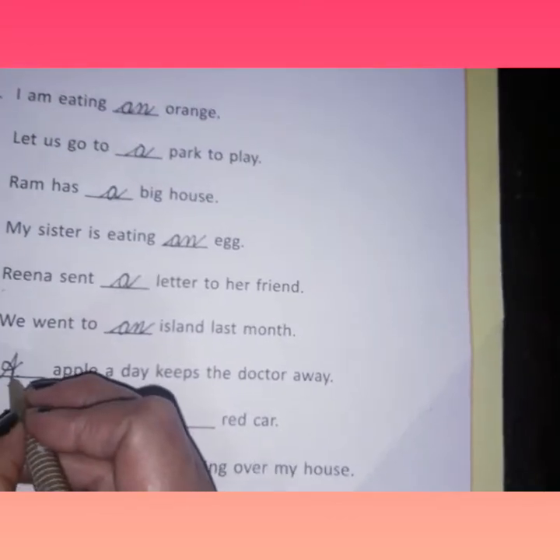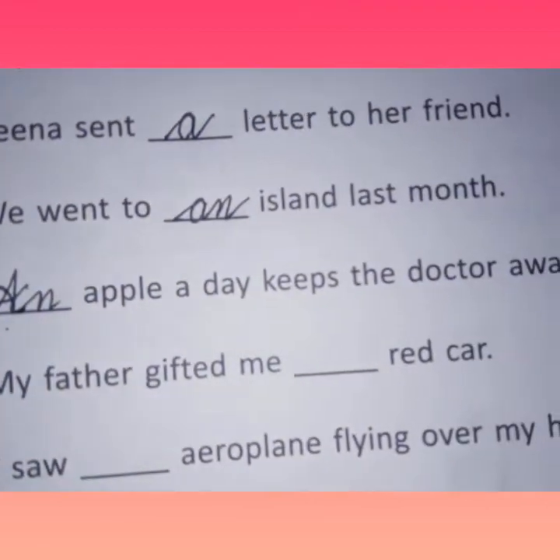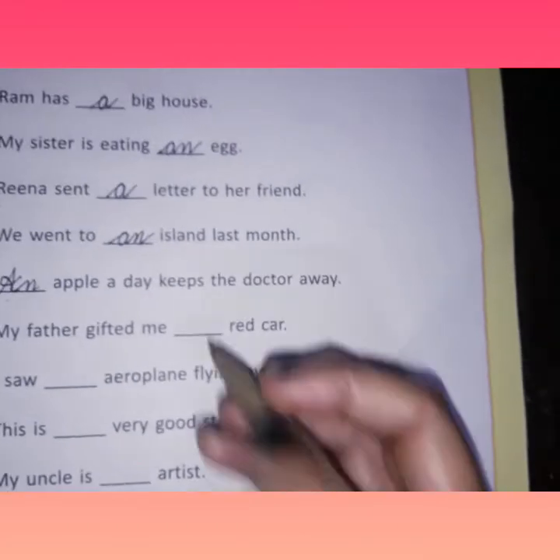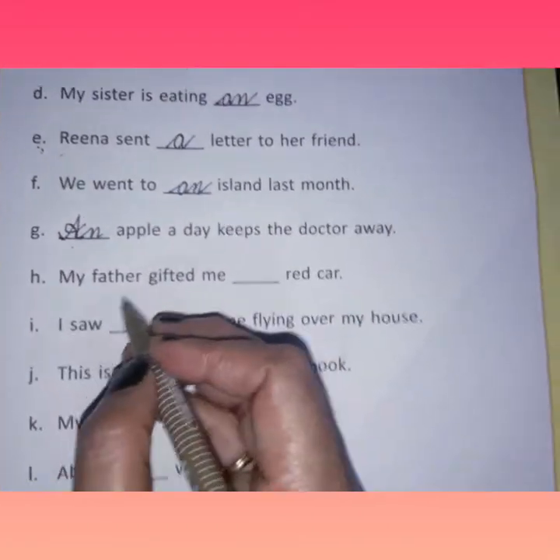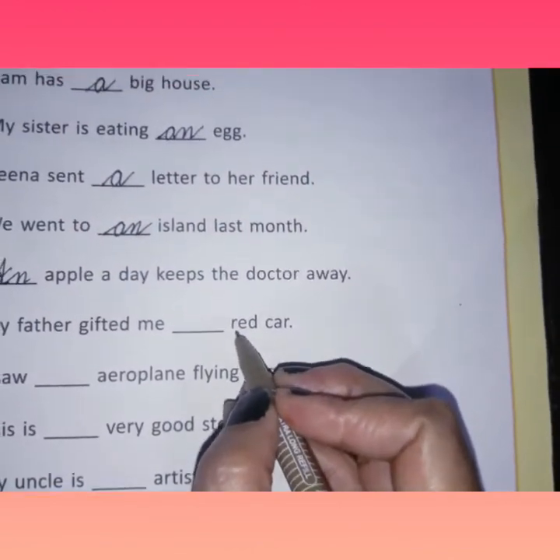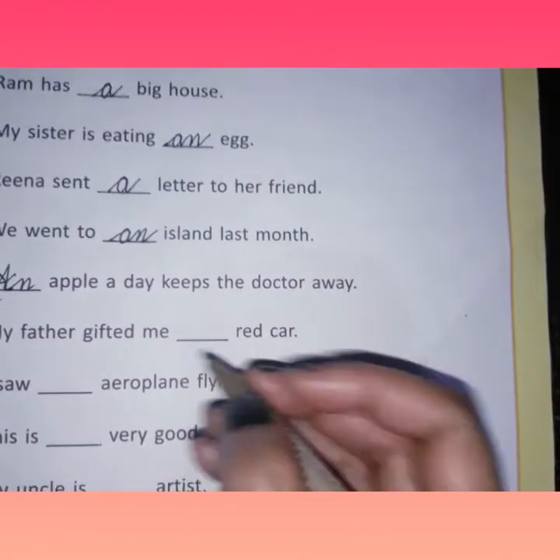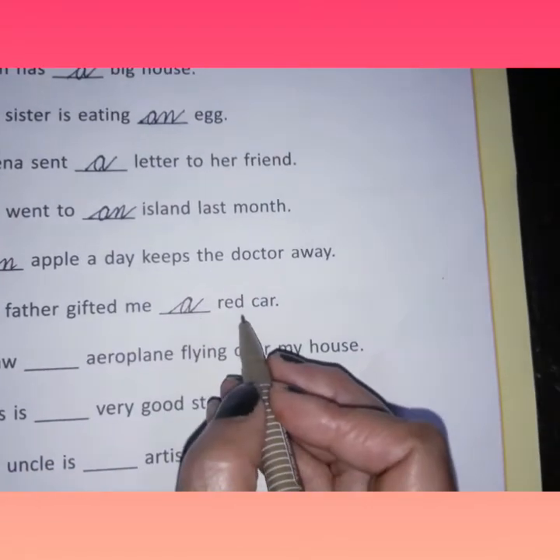So I have written here capital A, An. Okay? Like this. The sentence is, an apple a day keeps the doctor away. Now see H. My father gifted me dash red car. Red starts with a consonant. R is a consonant, so we'll write here A. My father gifted me a red car.